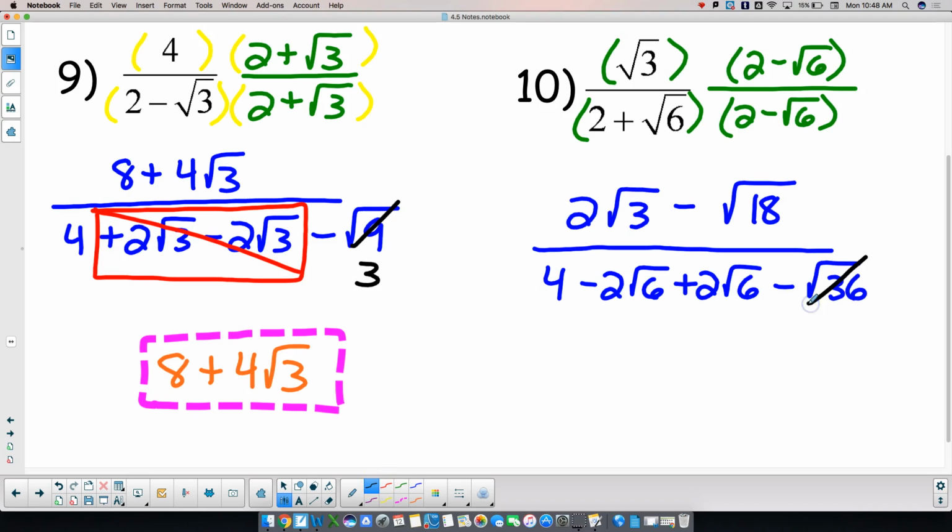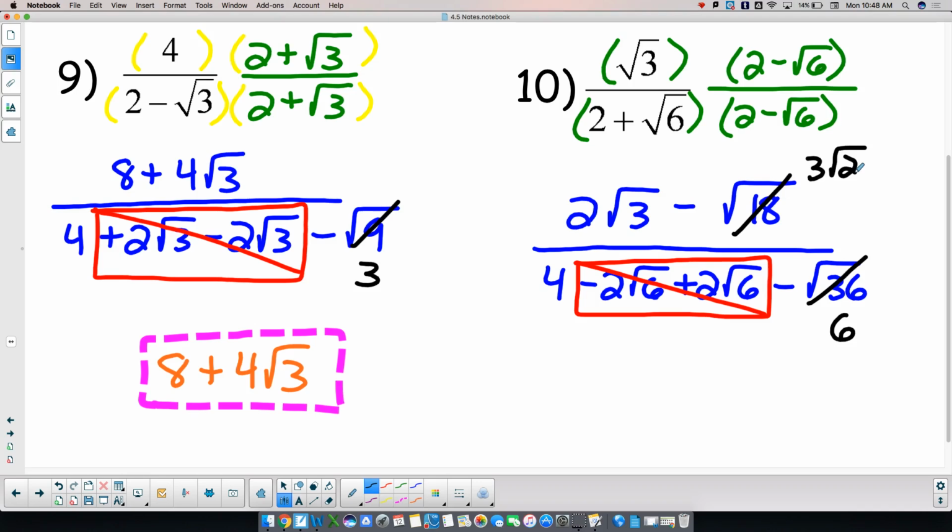Square root of 36 is 6. These two terms cancel each other out. The square root of 18 becomes 3 times the square root of 2, because it's the square root of 9 times the square root of 2. So it's 3 times the square root of 2.